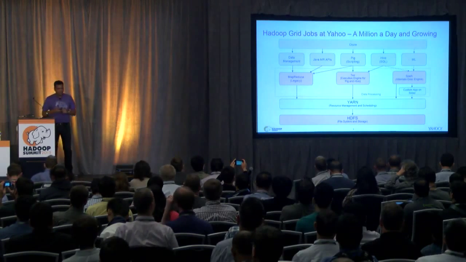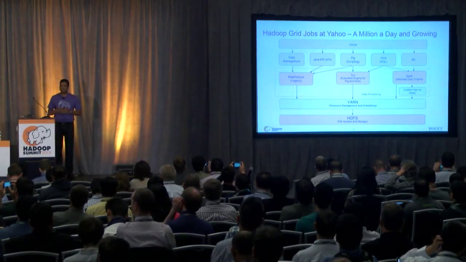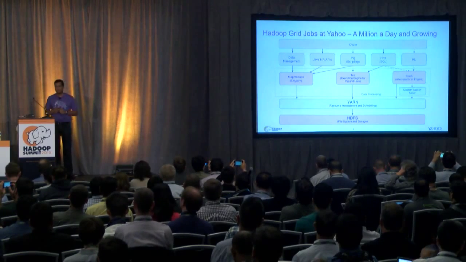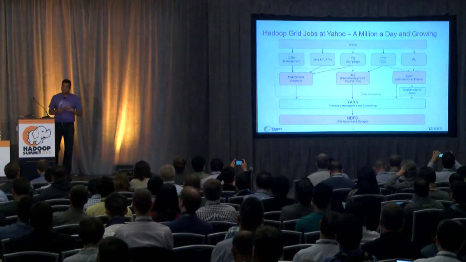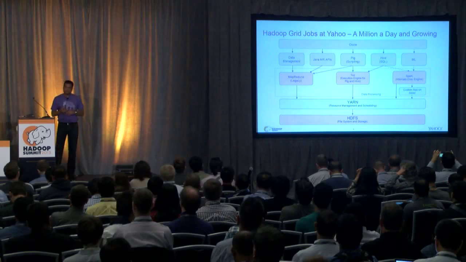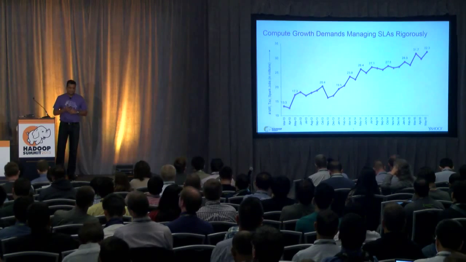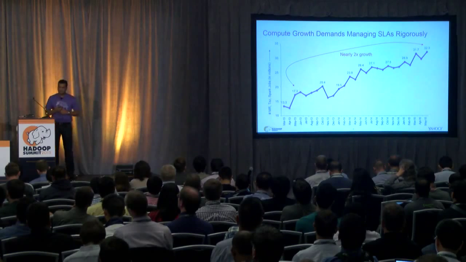Okay? And then we schedule roughly 60 to 70% of all our compute through Oozie on the platform. We're not talking about HBase or Storm here, because those are separate infrastructures for us. And the compute on the platform is growing rapidly. As you can see, in the last, I would say, 2 years it has nearly doubled.